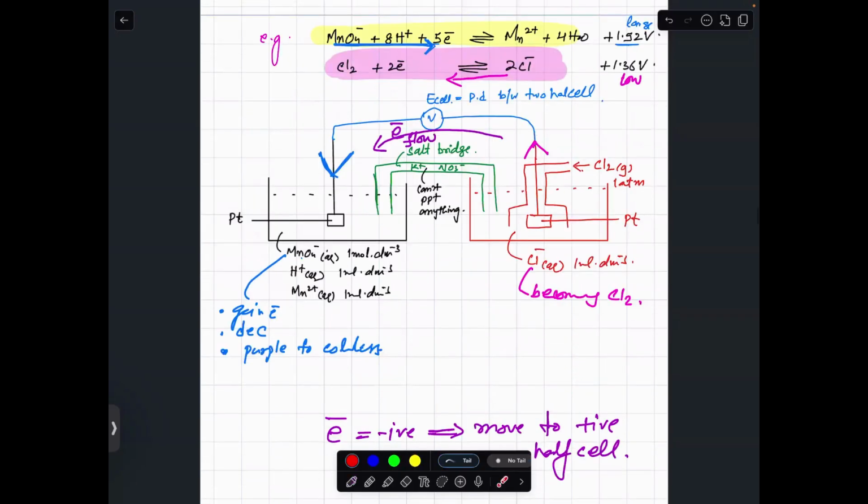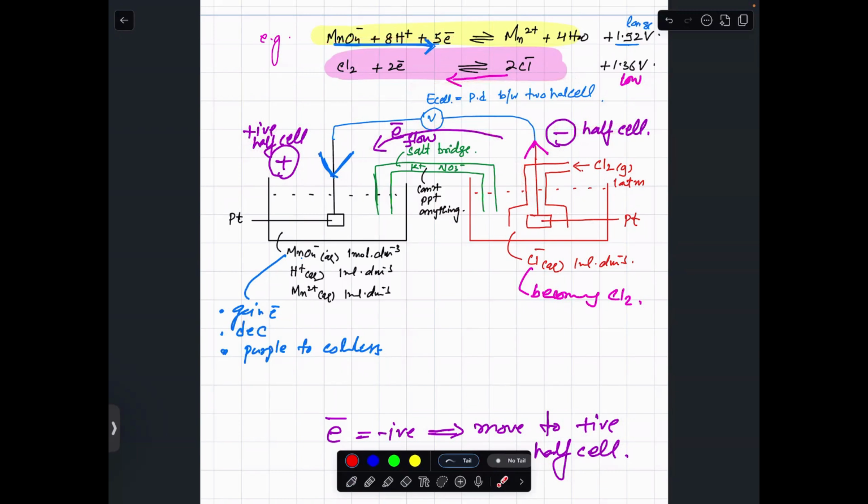So this clearly shows that if the electrons are coming this way, this one is the positive half cell, and this one is the negative half cell. Positive half cell and negative half cell, right? So you know the direction, you know the positive and negative, you know which is gaining and which is losing.